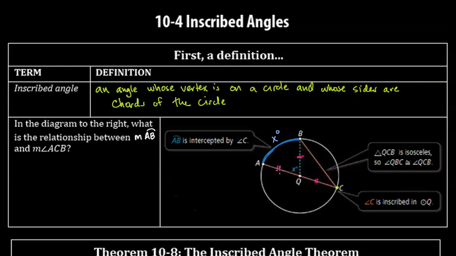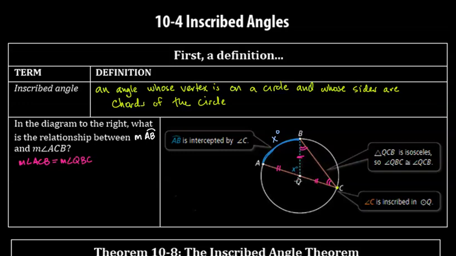These two are congruent, and so that means that this angle and this angle would be congruent. So I'm going to establish that fact over here. I'm going to say that the measure of angle ACB will be equal to the measure of angle QBC.